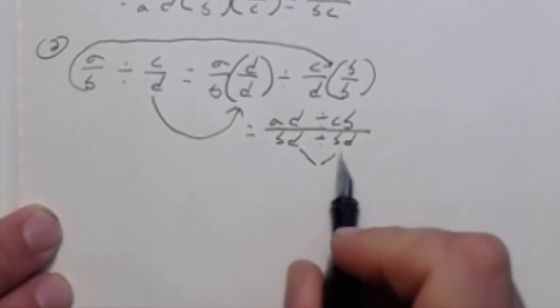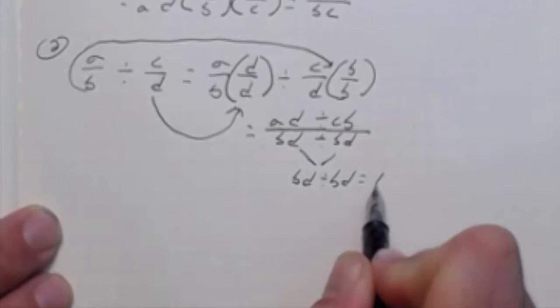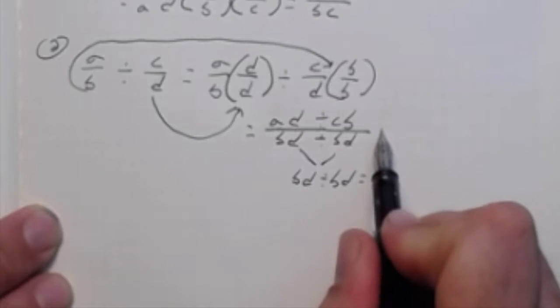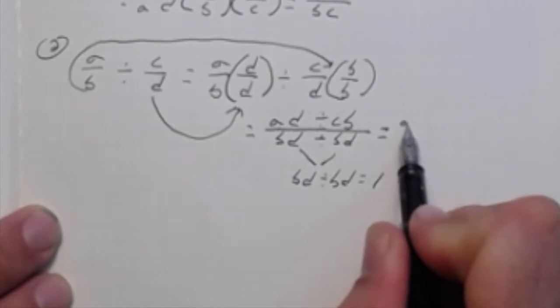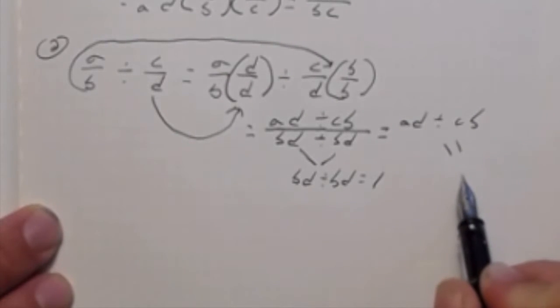At this point, I can see that b times d divided by b times d is 1. That'll work in any case as long as they're not 0. So when I simplify, I'm left with a times d all over c times b.